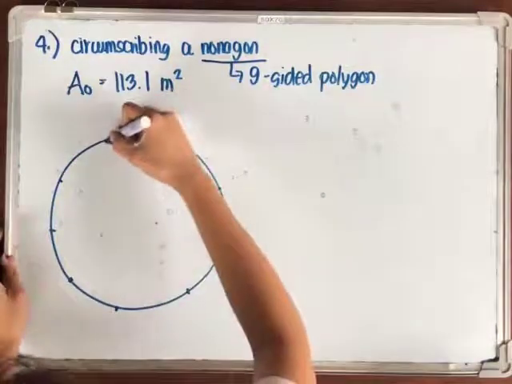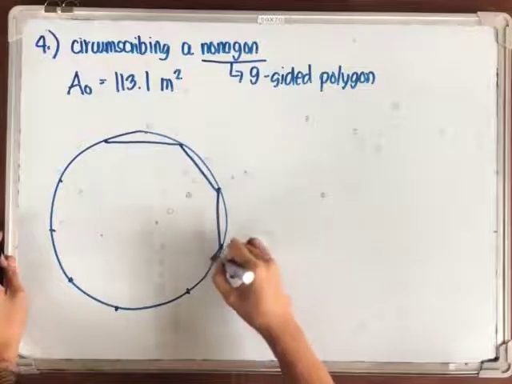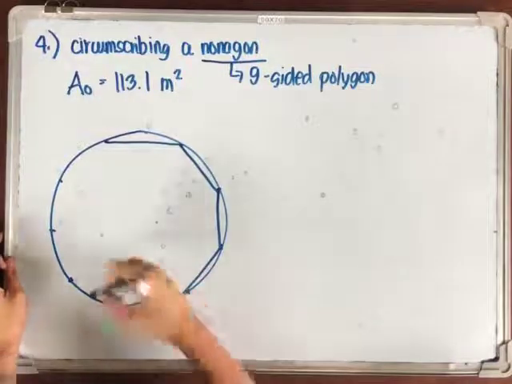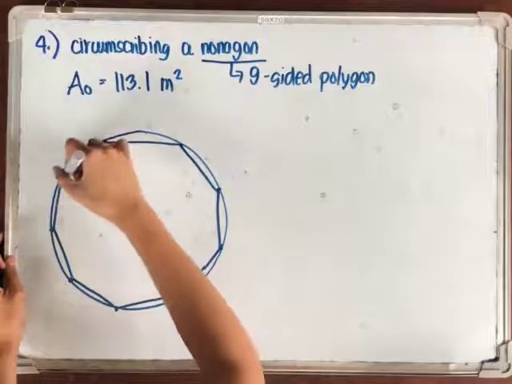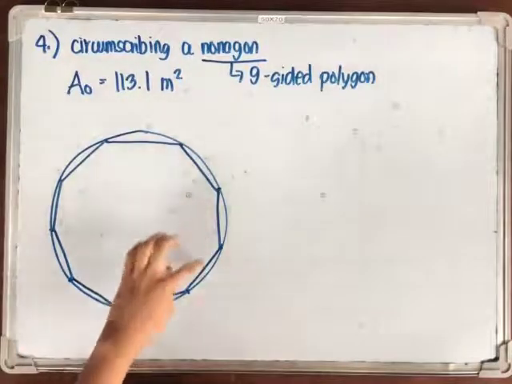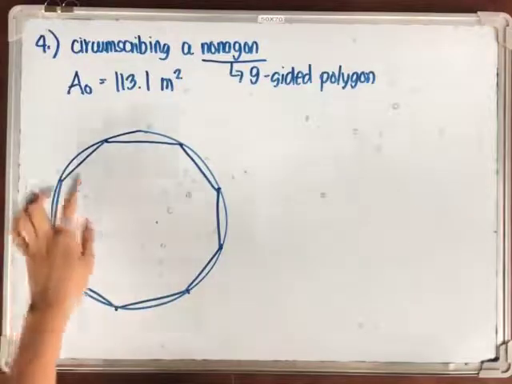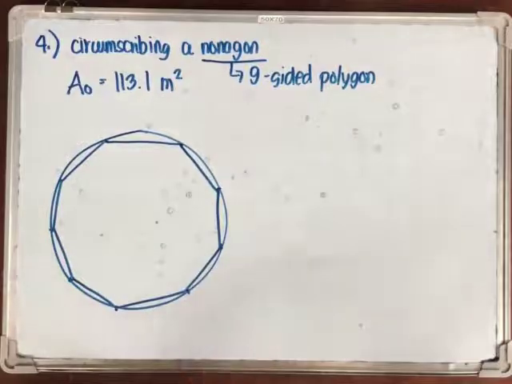So let's just assume na regular na itong pagkakadrawing ko ngayon. Okay, so this is a 9-sided. 1, 2, 3, 4, 5, 6, 7, 8, 9. So ayan. Circle is circumscribing a nonagon.